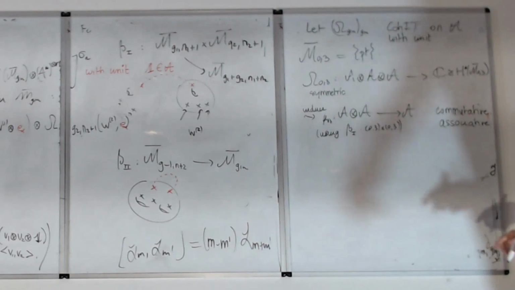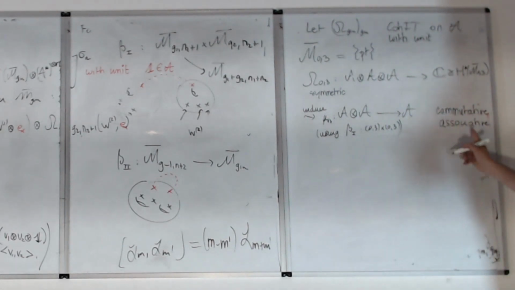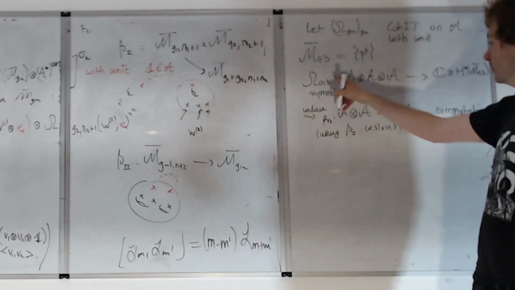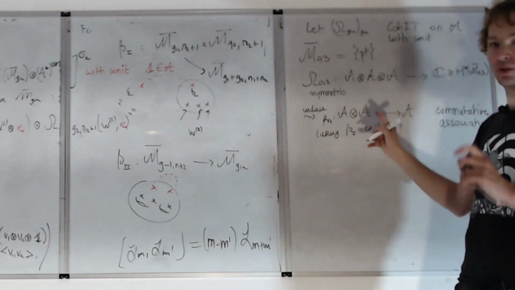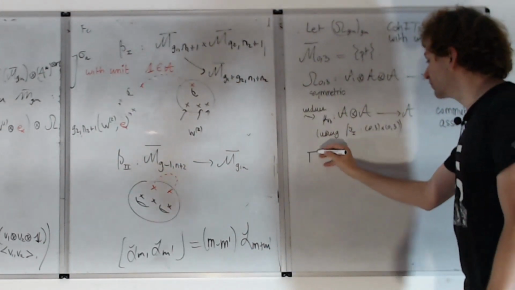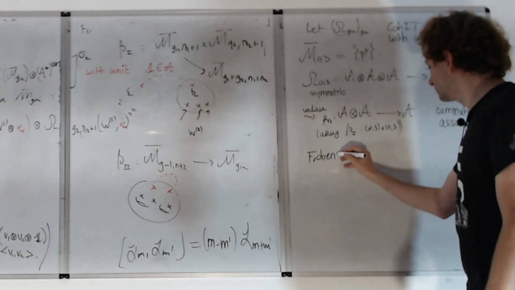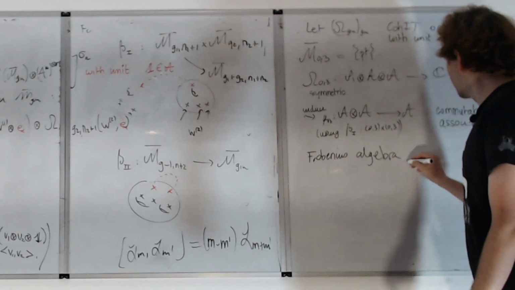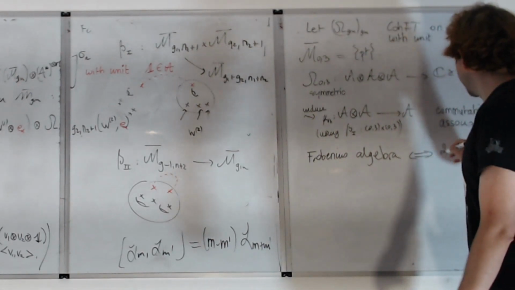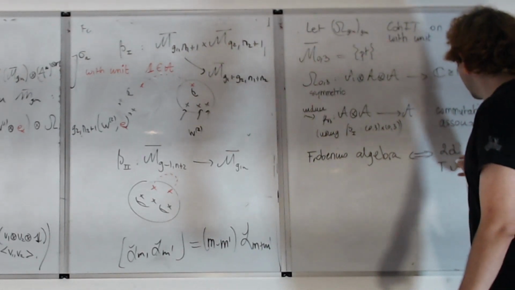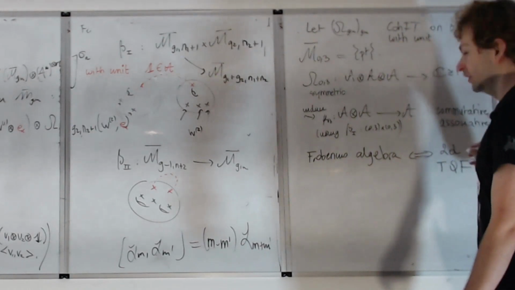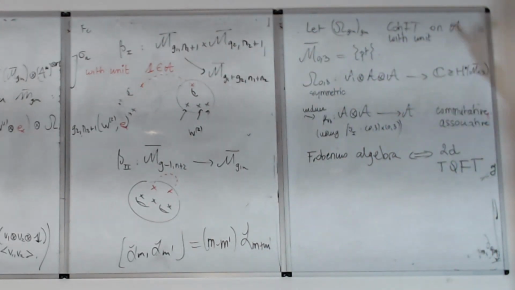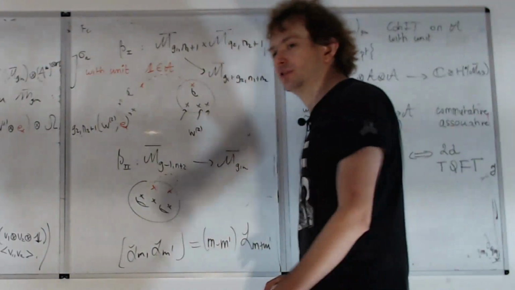Good. So you have a commutative associative product, you have this pairing, and the two are compatible in the sense that omega_{0,3} is represented in this way. So this is called a Frobenius algebra. And this is equivalent to the data of a two-dimensional topological quantum field theory. I won't define exactly what this is. You may already have heard about it.